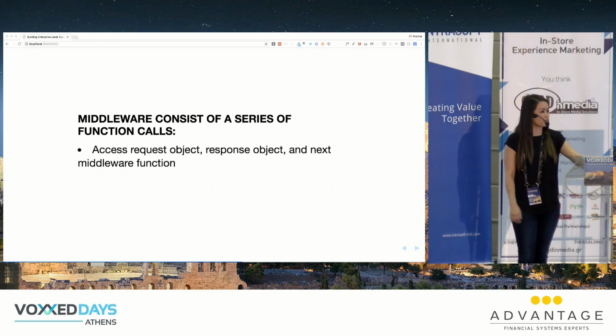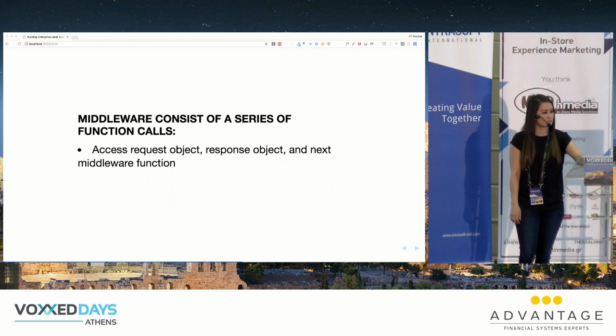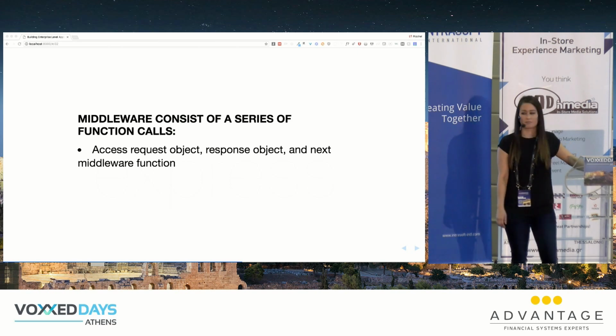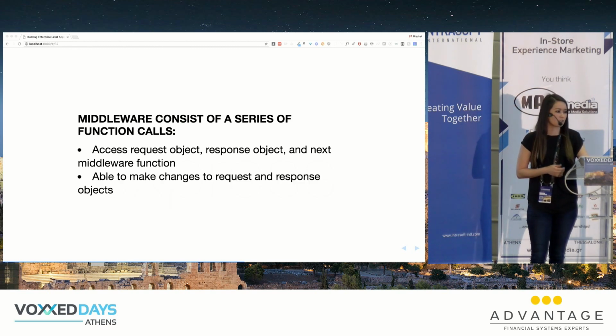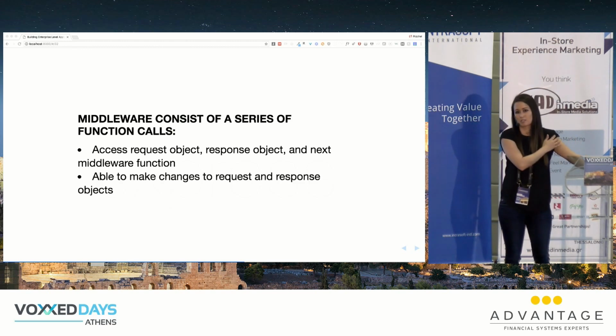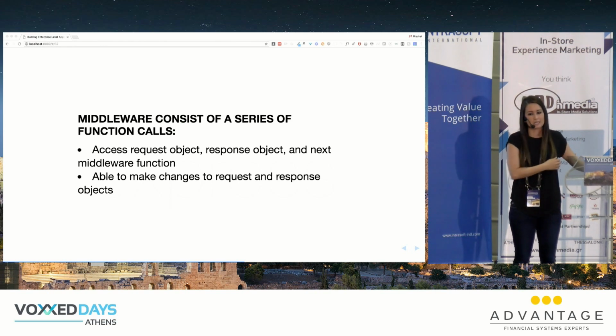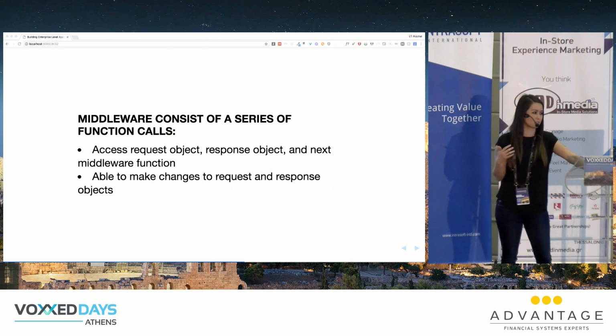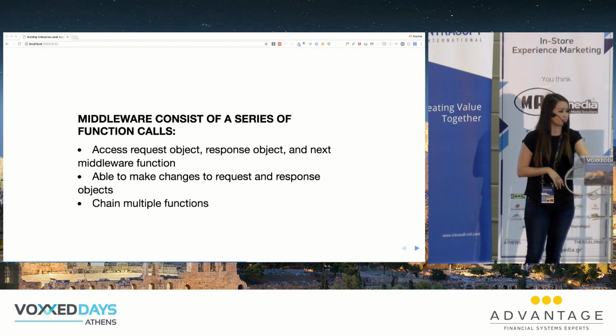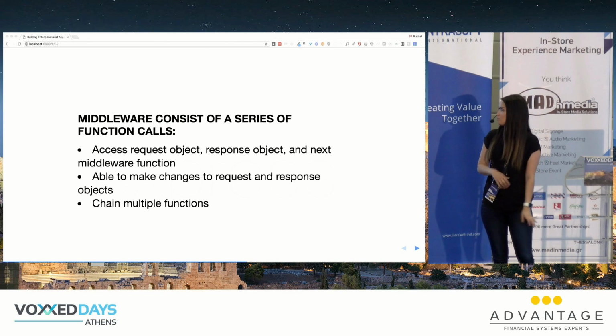And in the middleware, you have a request object, a response object, and a next middleware function. All of these things make up a middleware, and then you're able to make changes to the request and the response objects. So we made some API calls in the middleware, and then we just sent that back with our response object. And then we were able to chain multiple functions.